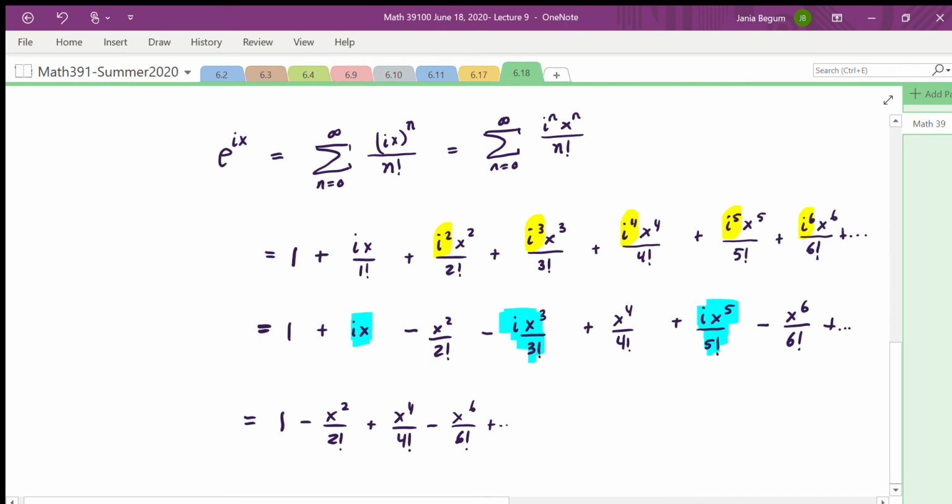And of course, there are more terms. So these are the terms that don't involve i. Plus, now I'm going to write down the terms that involve i, and I'm going to factor out i as well. So we have i times, so the first one will just be x, and the second one would be negative x cubed over 3 factorial plus x to the fifth over 5 factorial. And there are more terms that I didn't write down, but this is good enough to explain.